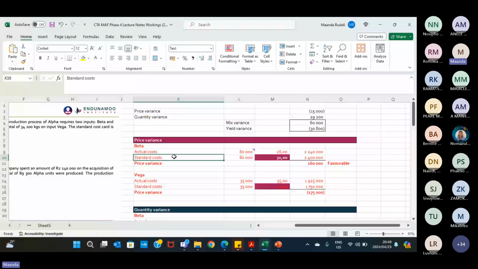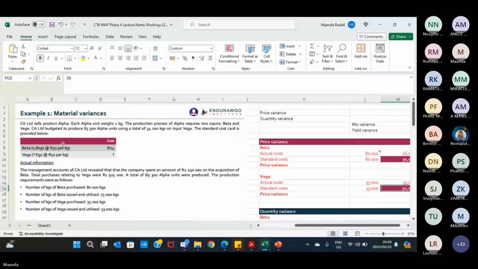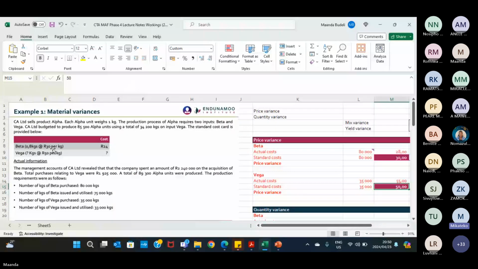The 30 is coming from here, 30 rand per kg. Okay, I see. The 24, remember, they multiply by 0.8 for the kgs. That's why I'm saying the measures are very much important, and you need to know what you're calculating. So we want per kg, because remember this is the 8 rand per kg, so that's 30. Okay, thank you.